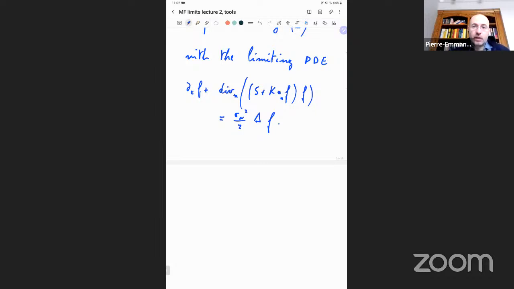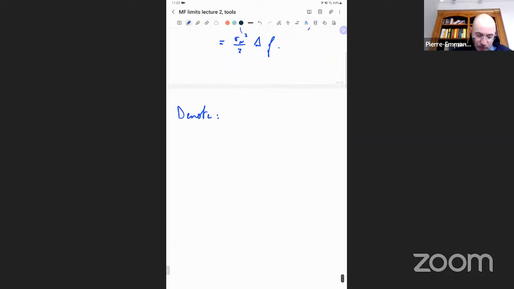Not as easy. And there's this very, very useful notion here, which is called the empirical measure. I'm going to call it mu n.